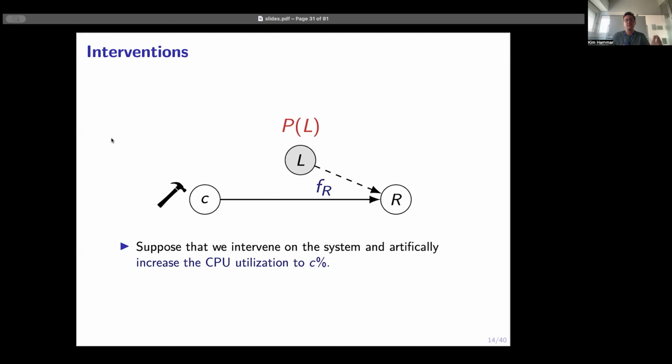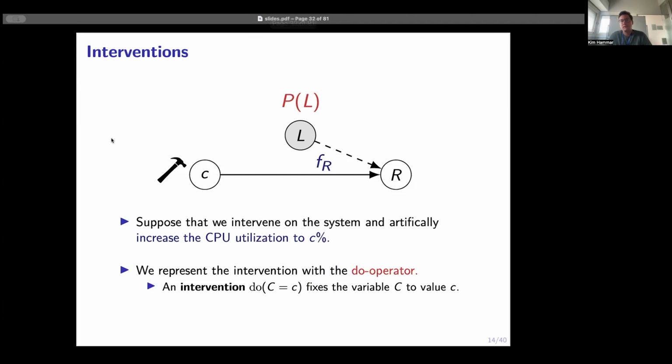And to represent this change in the causal structure mathematically, we introduce a special operator called the do operator. So when I write do(C = c), that is a mathematical expression for the intervention of controlling the CPU utilization to a particular value, lowercase c.